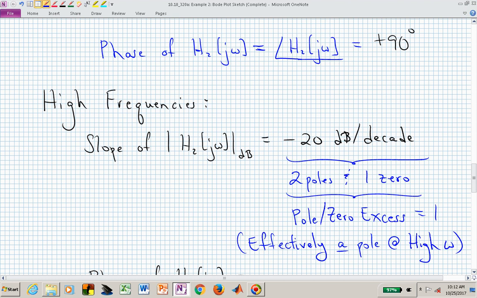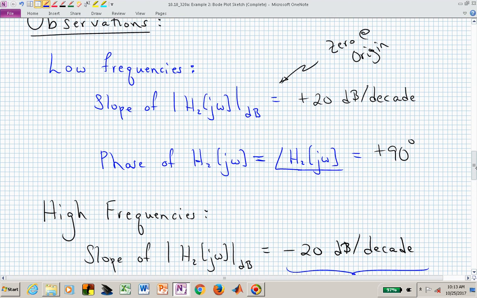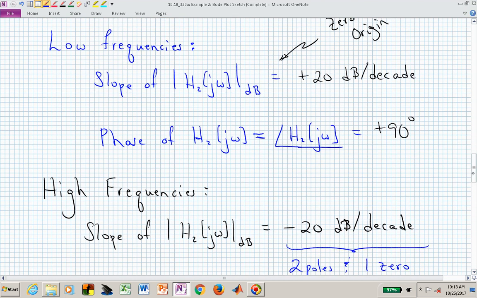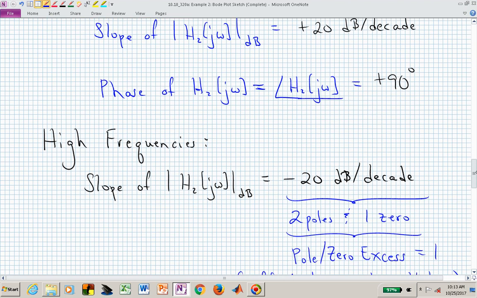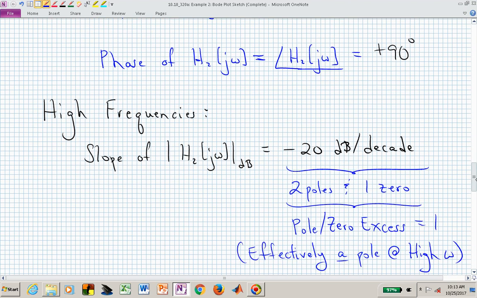If we had a pole zero excess of 2, we would then have 2 times minus 20 dB per decade, or we would be sloping at high frequencies at a rate of minus 40 dB per decade. And what we're doing is we now are establishing some ways of checking our work or our sketch. We should expect a plus 20 dB per decade in our magnitude slope for low frequencies, and we should be falling off at minus 20 dB per decade for high frequencies.